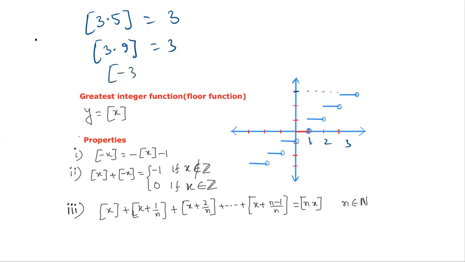Greatest integer of minus 3.5, if you take it, it will be closed on the left. Minus 3.5 lies beyond minus 3, so the graph value comes to minus 4.